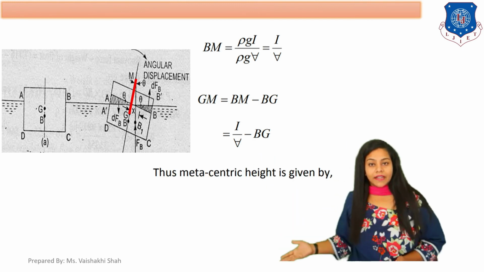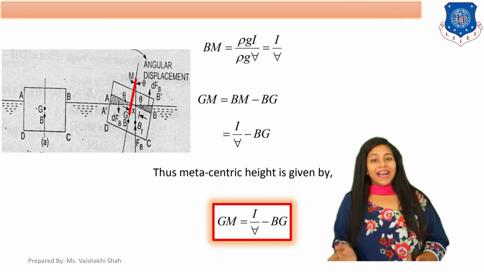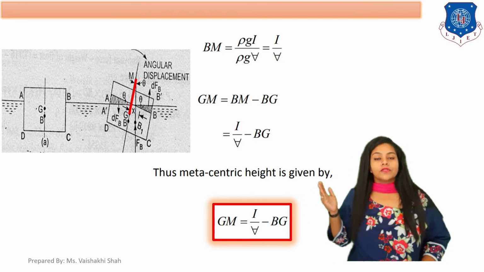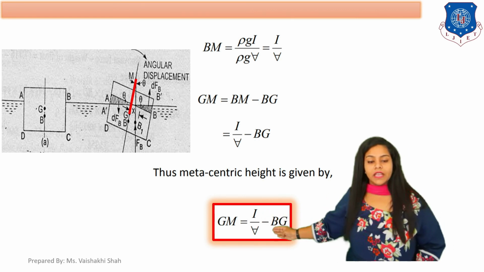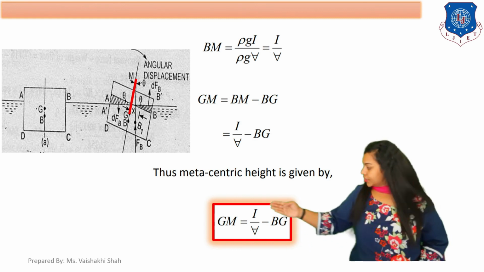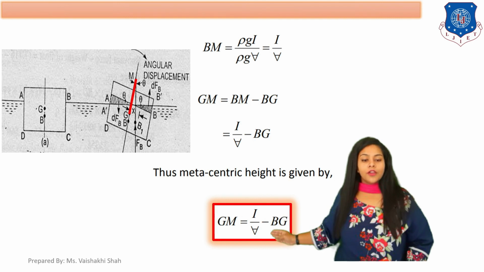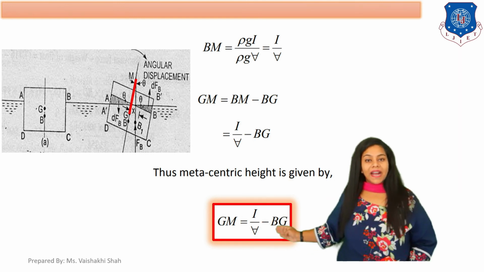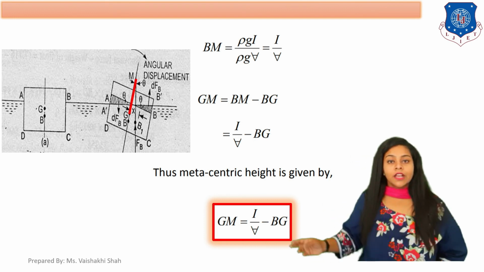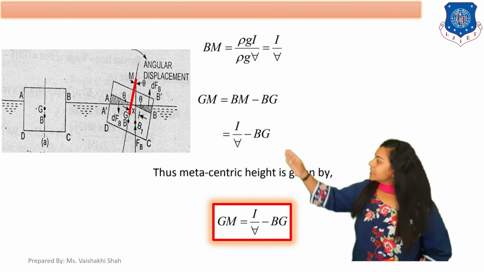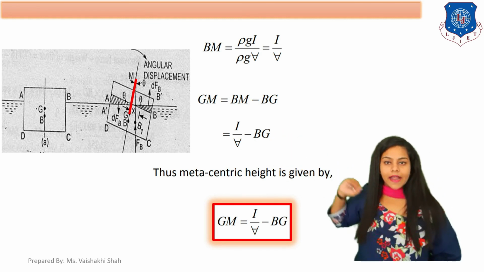So the equation for metacentric height, the final equation by the analytical method, is GM equals I by V minus BG, where GM is the metacentric height, I is moment of inertia, V is volume, B is the center of buoyancy and G is the center of gravity. BG is the distance between the center of buoyancy and center of gravity, as you can see in the diagram. Clear?